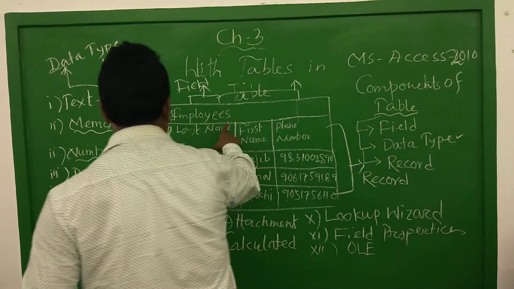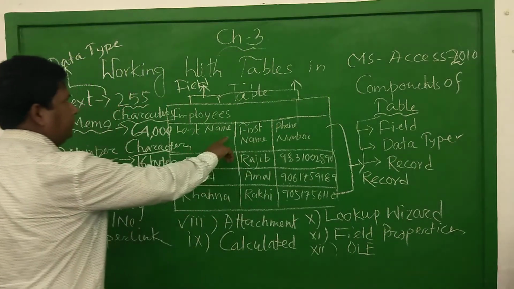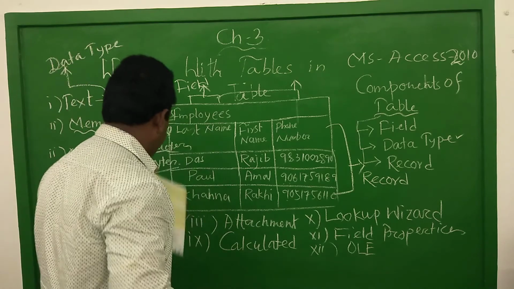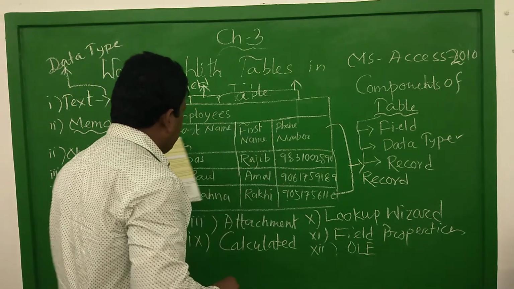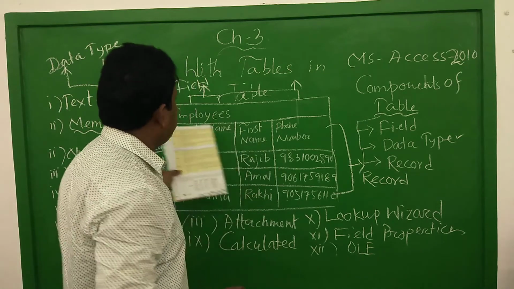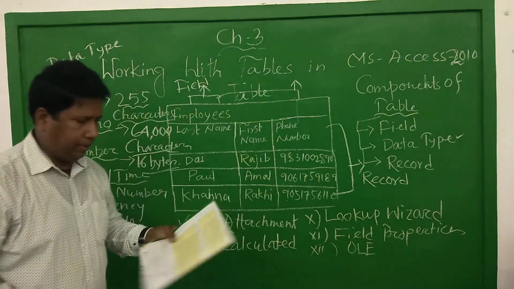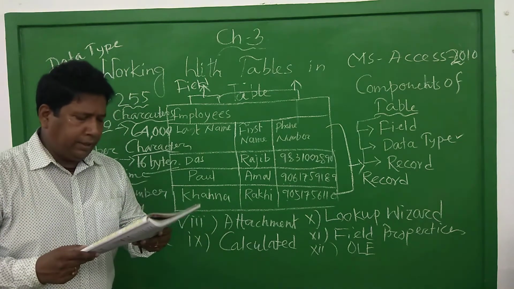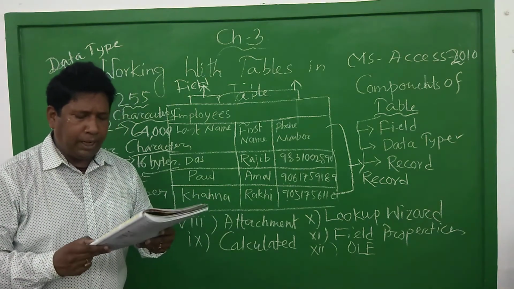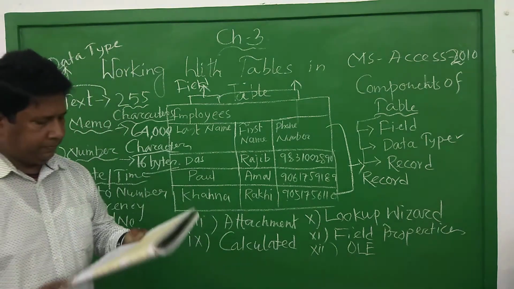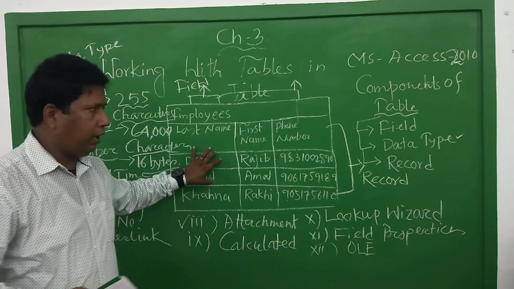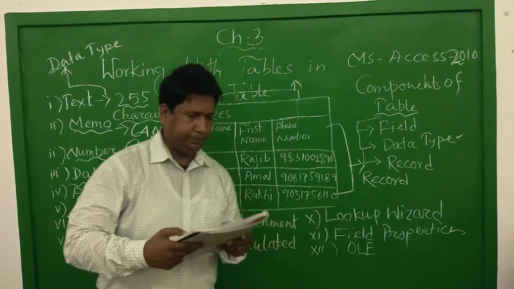In this particular table, we can find some columns, or fields, and we can find records. A record is found in the form of rows in the table. It stores all the information about an item or object. This is one example of a record.